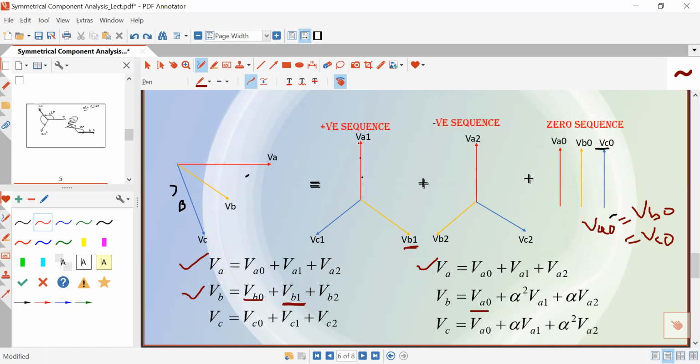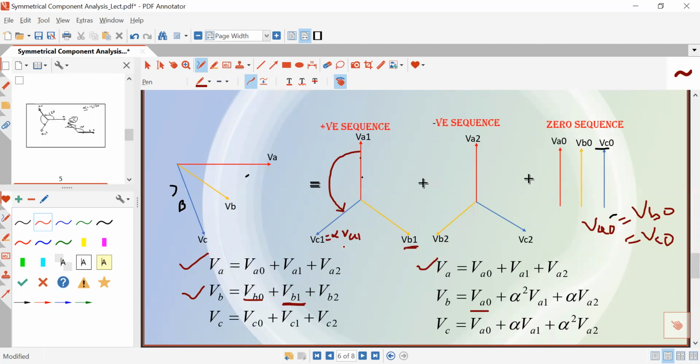The vector rotates in anti-clockwise direction by 120 degree, and its length does not change. So you get alpha VA1. This is the property of the alpha operator.